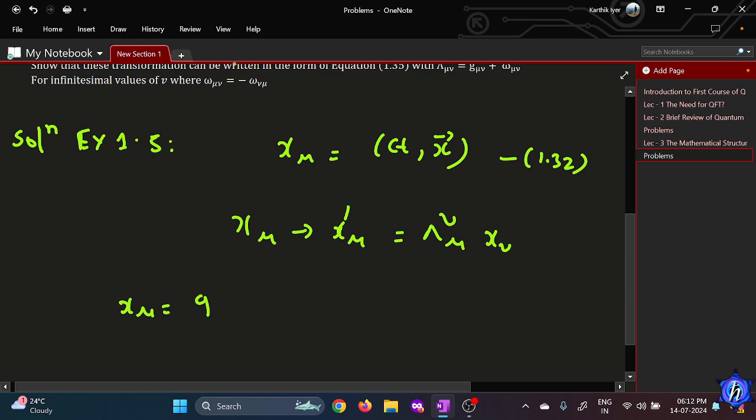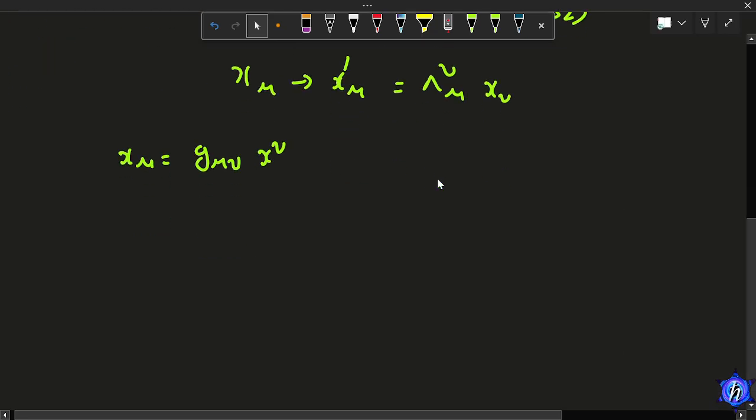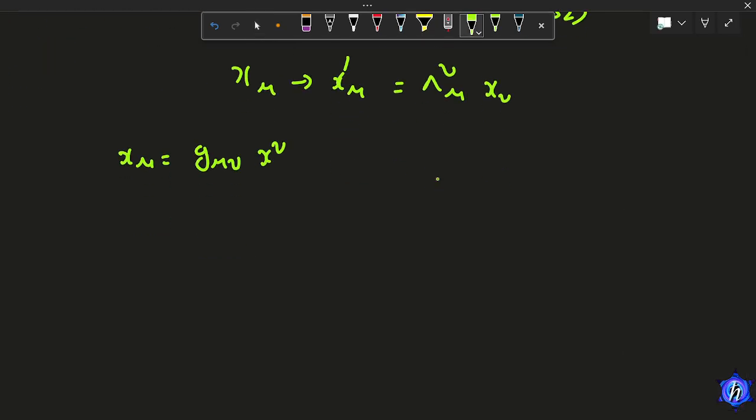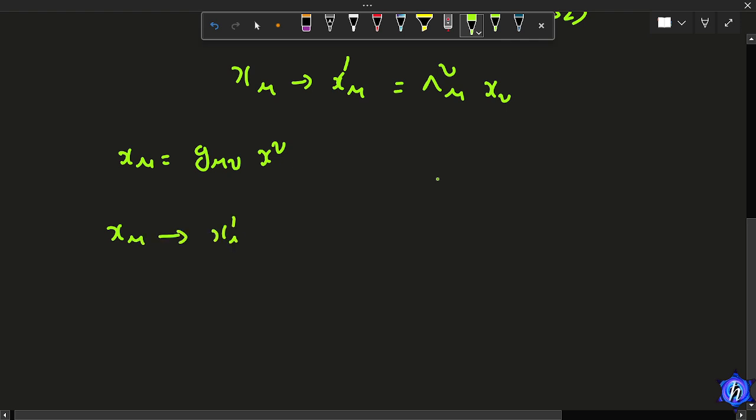We can write x mu as g mu nu x nu, right? We know this from the definition, and we can further write x dash mu is equal to g mu nu x dash nu, and this is g mu nu lambda mu nu sigma x sigma.